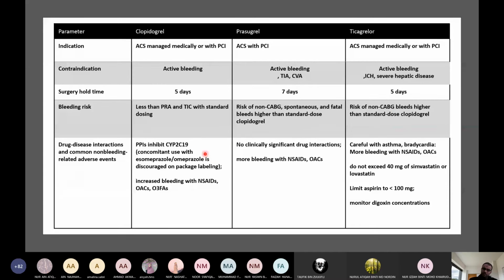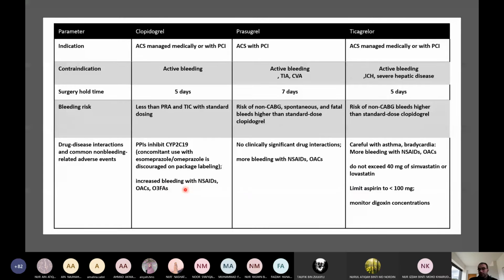Here are some important clinical notes on the differences between them, and of course you can be exposed to some data on the interaction between PPI and clopidogrel, whether it is significant or not. There is some more data on this one, and maybe you can refer to it later.